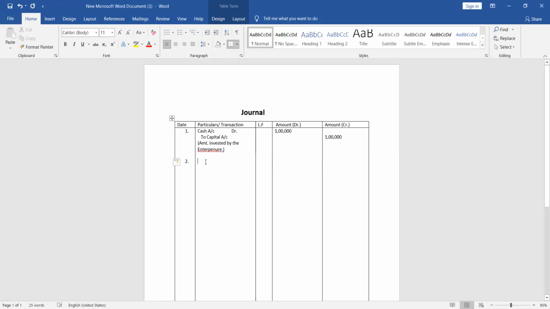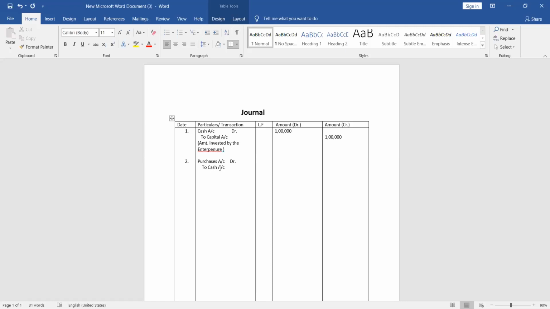The entry will be passed: purchases account debit to cash account. Why is the cash account to be written over here? Because when you are purchasing the goods for cash, cash is going out of the business and goods are coming to your business.